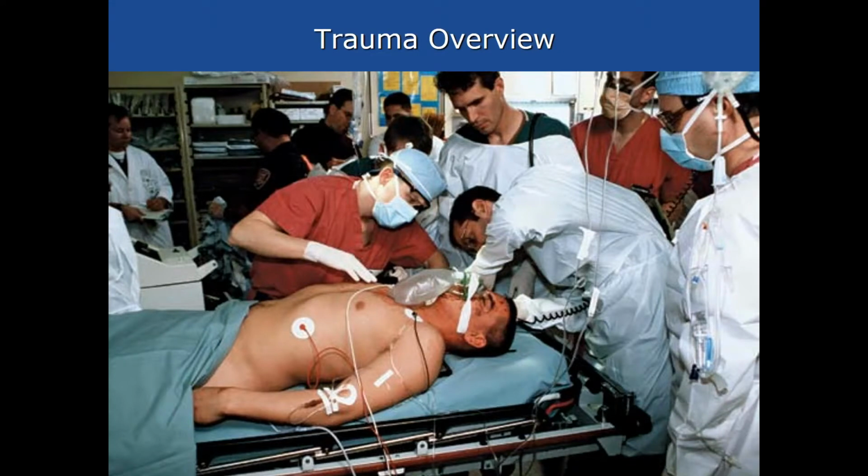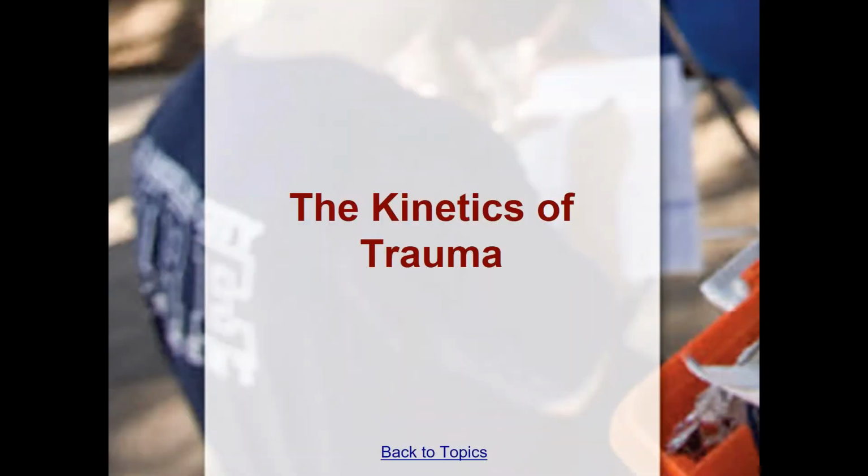All right, trauma overview. When we speak about traumatic injuries, some of the things we need to understand are the forces that are being applied to the body during any given traumatic situation. Since we do not have X-ray vision, the kinematics or kinetics of trauma is going to allow us to predict injury patterns, especially because at times trauma patients will wind up unresponsive or altered.